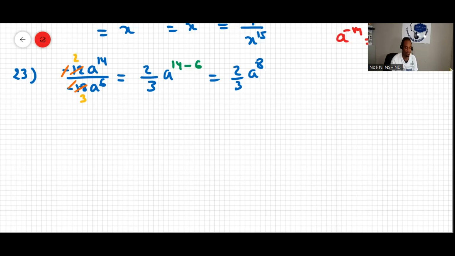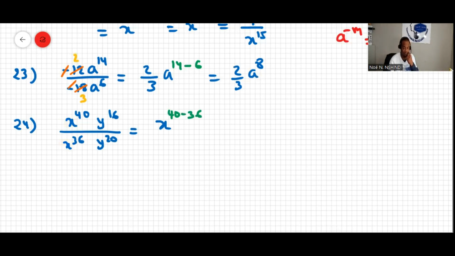Okay, we can also do question 24. There we have x to the power of 40, y to the power of 16 over x to the power of 36, and then y to the power of 20. In this case, we notice that we have the same bases here, x here and x there. Because they're the same bases, we can write just 1x to the power of 40 minus 36.